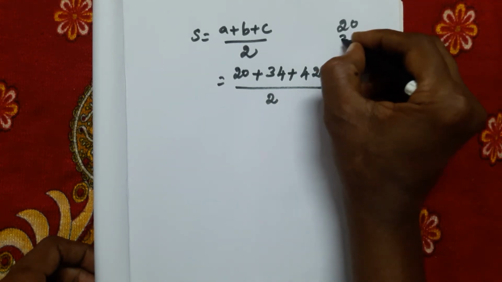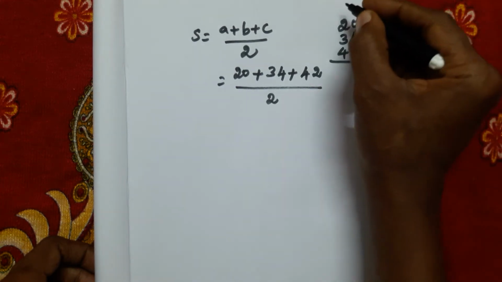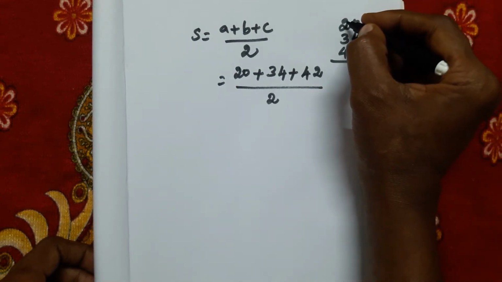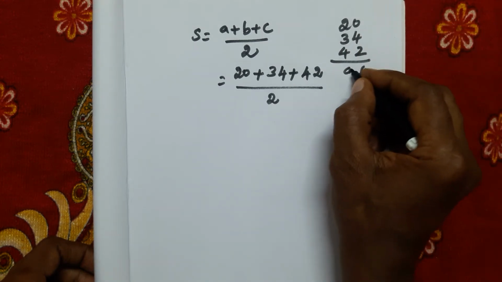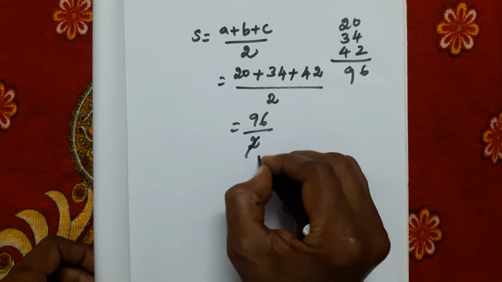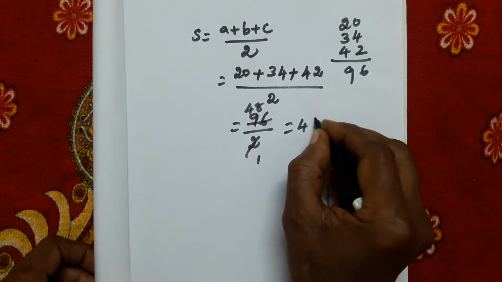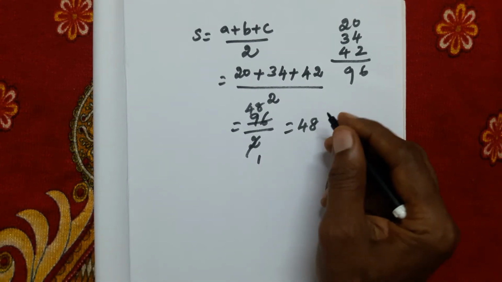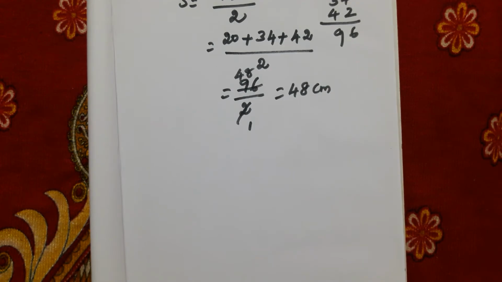So adding 20, 34, 42: 4 plus 2 is 6, 2 plus 5 is 5 plus 4, 96. Then 96 by 2, which is 48 centimeter. s is equal to 48 centimeter.